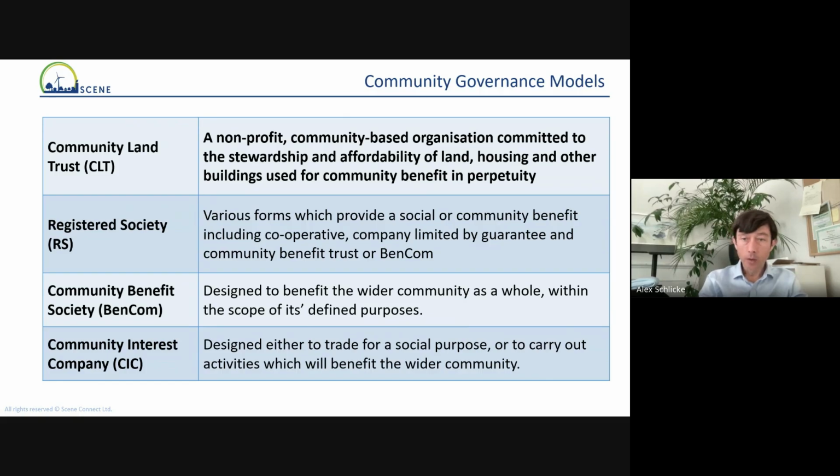So there are aspects of governance structures which affect the liabilities and responsibilities that you have as director, and then there are others that affect the rules around how you can raise money and how you can distribute money and so on.